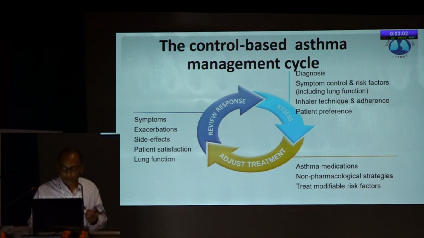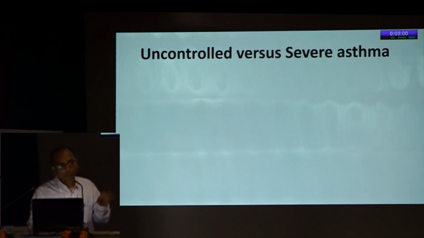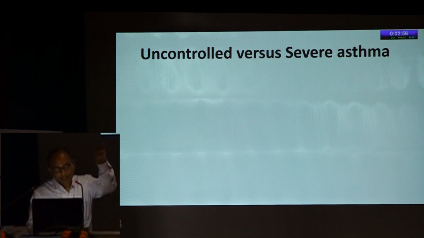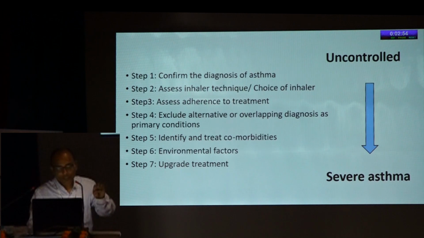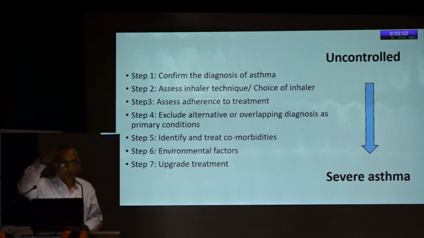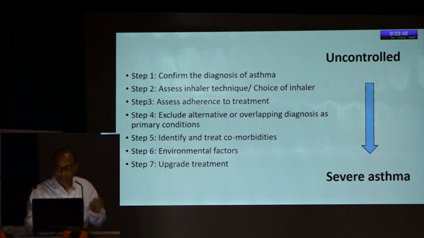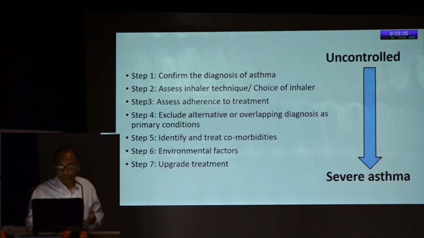Now, what is uncontrolled asthma and what is severe asthma? So the chart that we just saw confirmed that before that is uncontrolled asthma. Now the diagnosis is confirmed, technique is perfect, adherence is there, alternative diagnoses ruled out, comorbidities seen, environmental factors addressed. So now what you're left with actually is severe asthma, where we need to actually work.